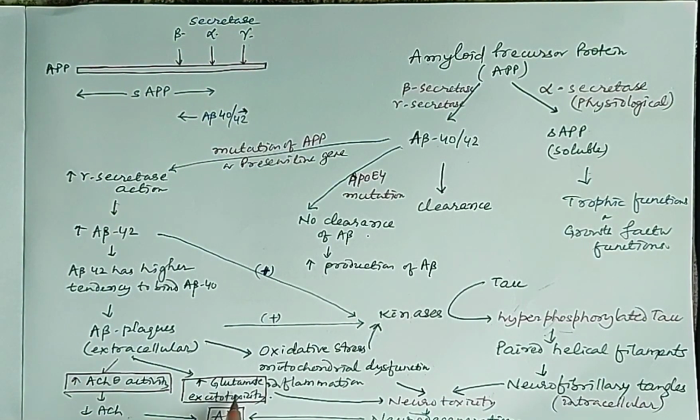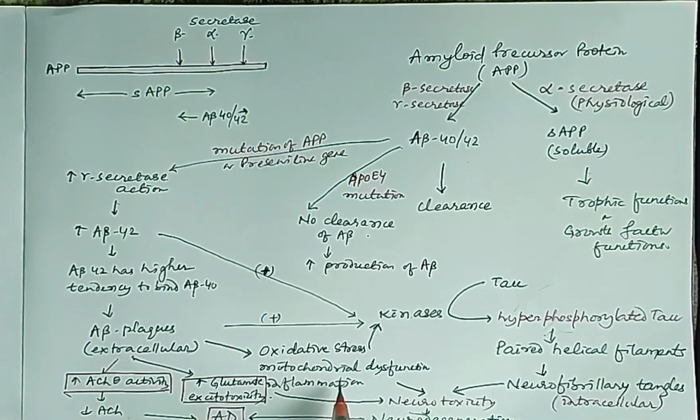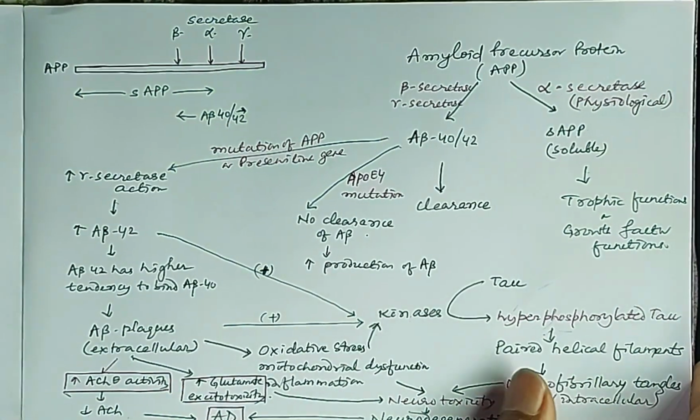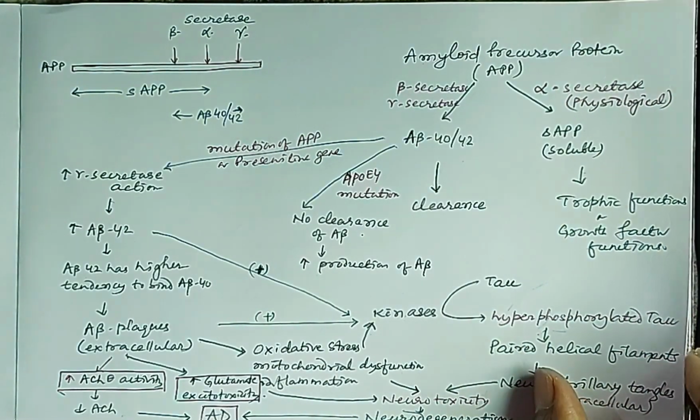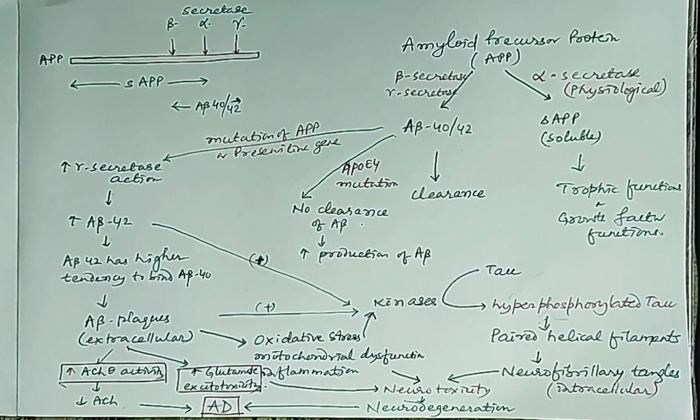We can also decrease the glutamate excitotoxicity, and one drug, memantine, is FDA approved. We can target the amyloid beta plaques, we can target the hyperphosphorylated tau, and we can also target the inflammation and oxidative stress by using anti-inflammatory drugs and antioxidants. Okay, so you can see this picture actually describes the total pathogenesis of Alzheimer's disease.